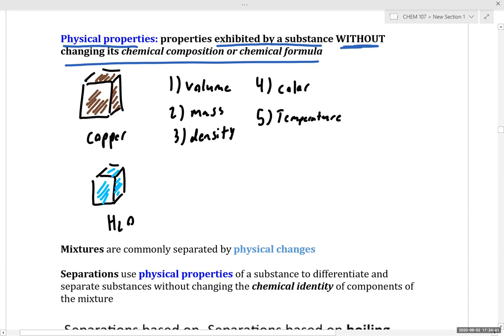And if I'm looking at this ice cube, which is H2O solid, can I figure out what temperature this ice cube melts? Yeah, it's 0 degrees Celsius, so we can measure the melting point or boiling point.